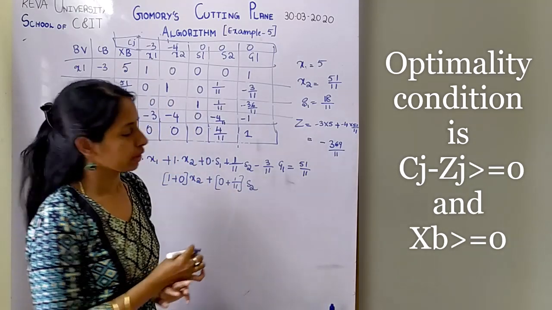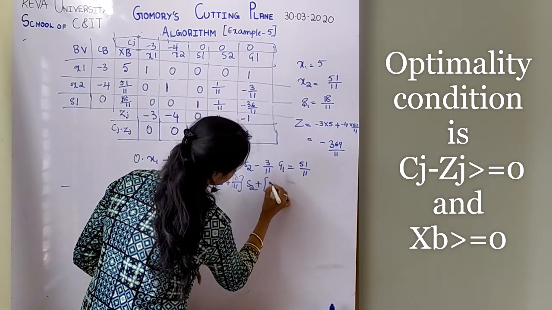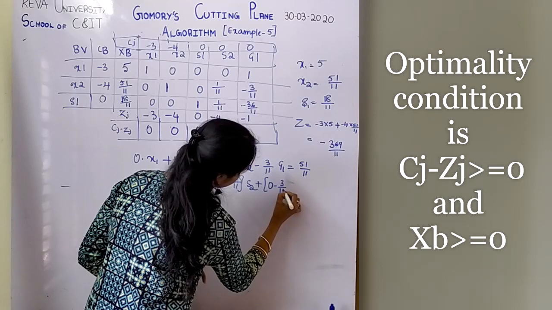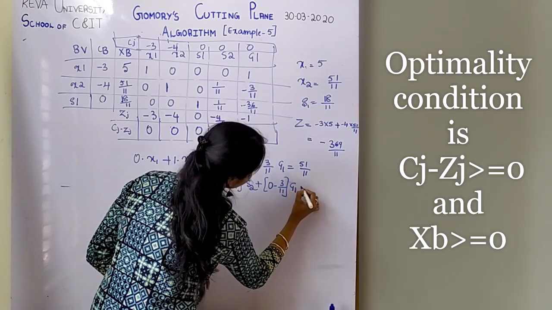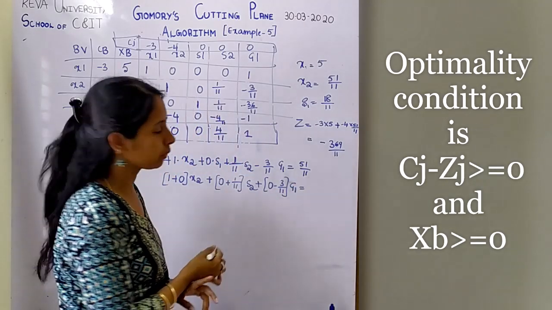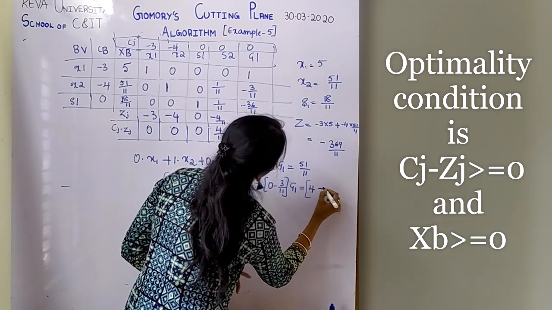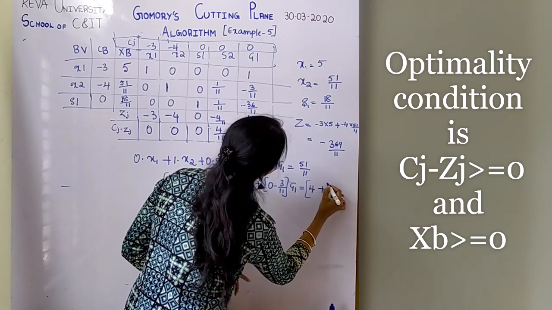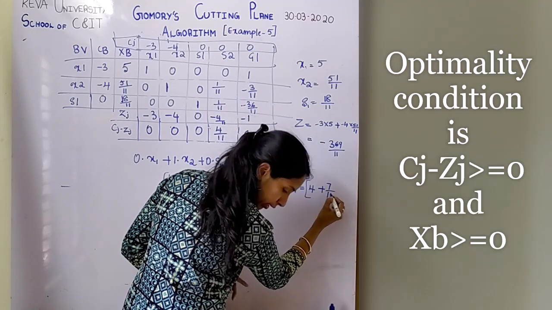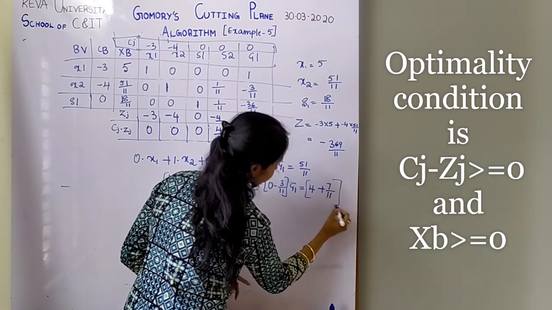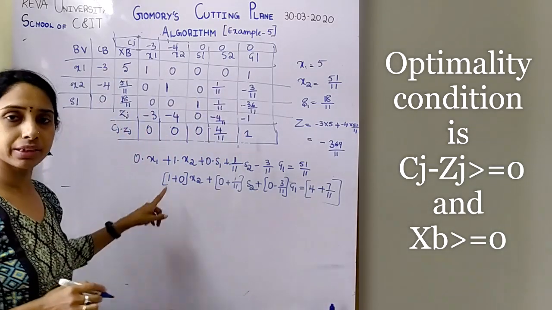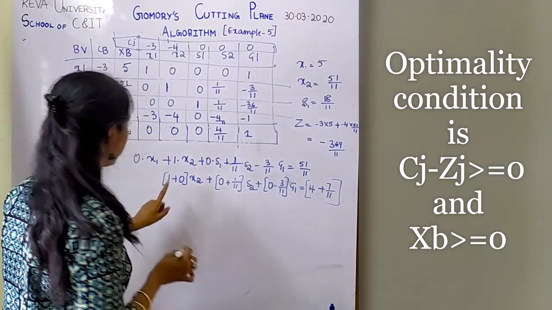For minus 3 by 11 into g1, integer is 0, fraction is minus 3 by 11. For 51 by 11, it is 4 plus 7 by 11. Correct?